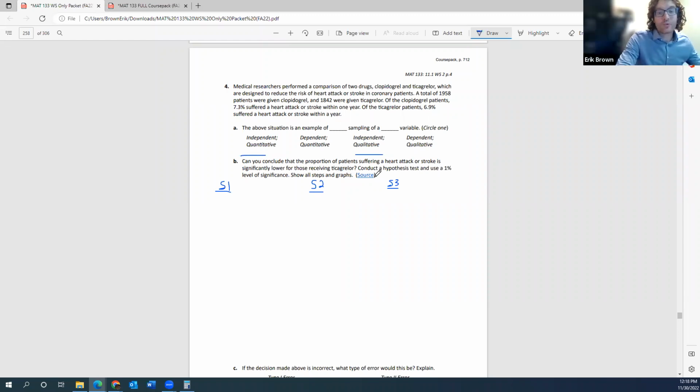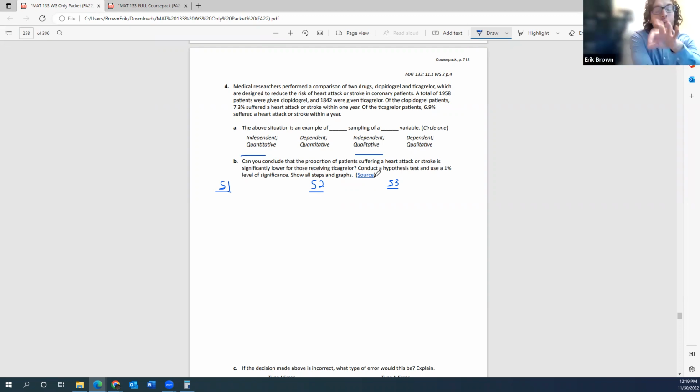Now, Kayla has a really good point, and I missed that when you said proportion. In our class, when we're working with proportions, they're always qualitative data sets. We're just saying how many people said yes versus how many people said no. How many things met the criteria versus how many total things did we have?